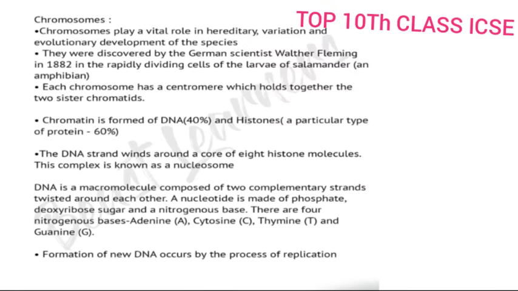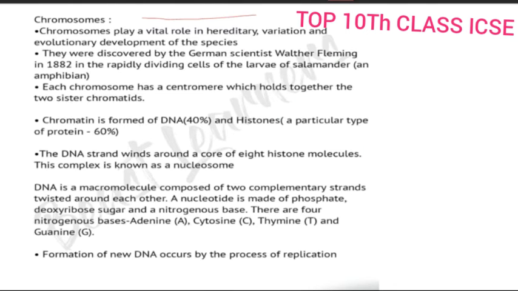Now, what are chromosomes? Chromosomes play a vital role in hereditary variation and evolutionary development of the species. They were discovered by German scientist Walter Fleming in 1882 in the rapidly dividing cells of larvae of salamander and amphibian.